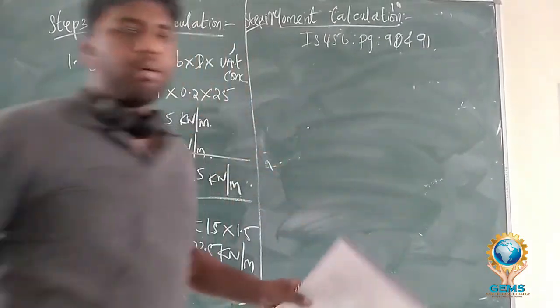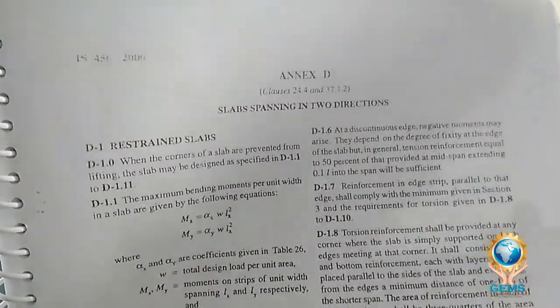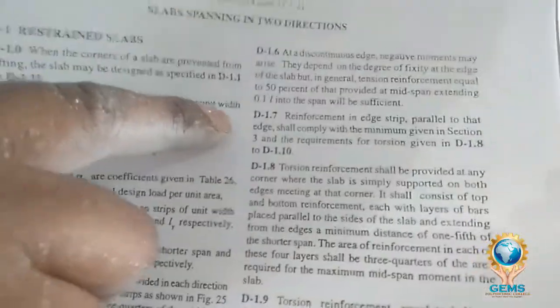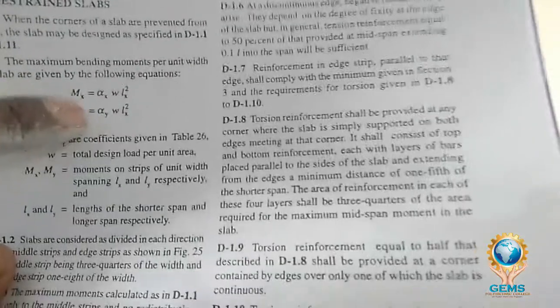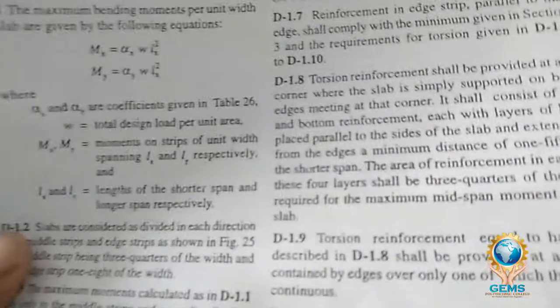You can see here, the topic, slab spanning in two directions. The maximum bending moment per unit width in a slab is given by the following equations: Mx is equal to alpha x W Lx squared, My is equal to alpha y W Lx squared.